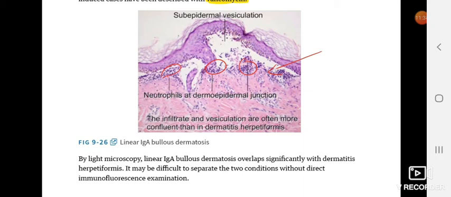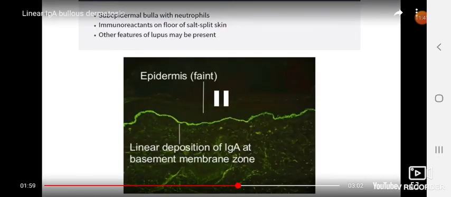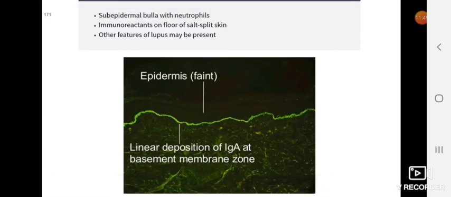Histologically, as you notice, there is significant overlap with dermatitis herpetiformis, but we see here it is linear by using direct immunofluorescence, so you have to do the direct immunofluorescence to differentiate between them. This is a good picture for the IgA deposition.